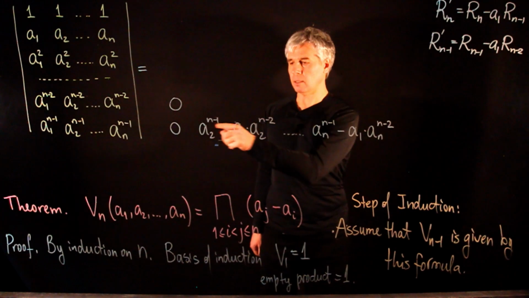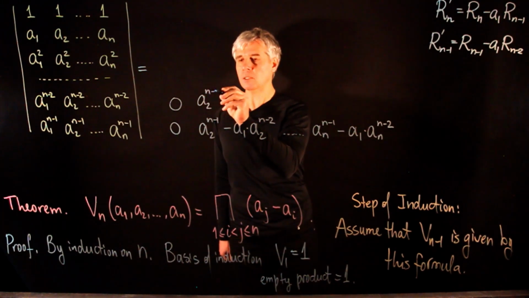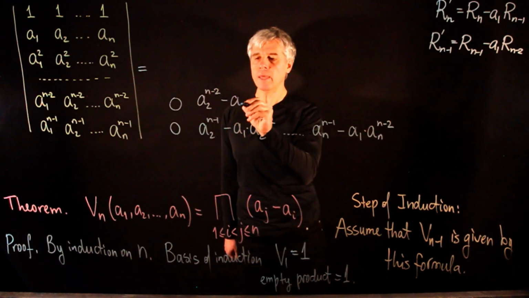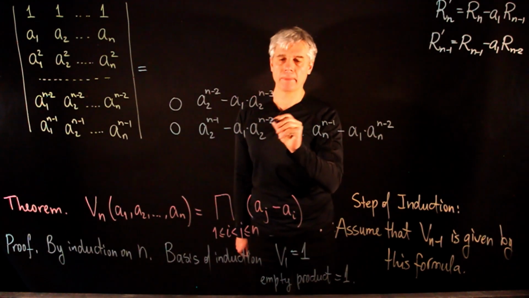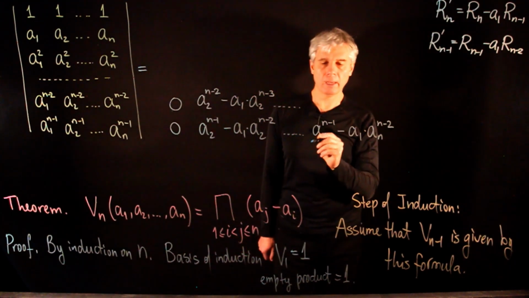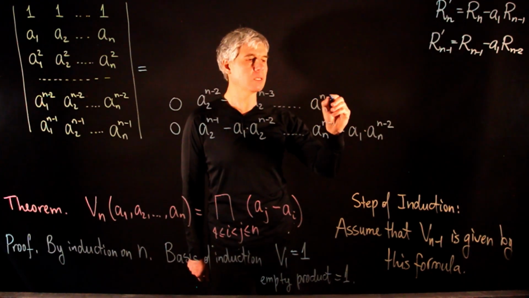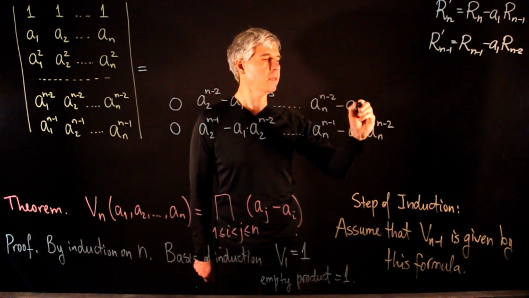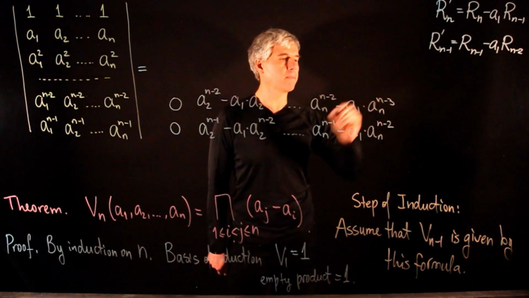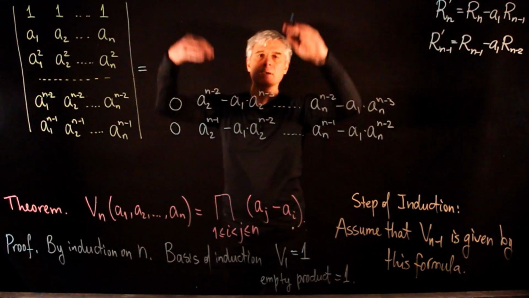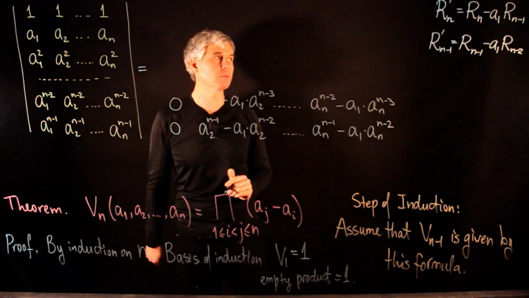And then in the next position, we're going to get a2 to the n minus 2 minus a1 times a2 to the n minus 3, and so on. And in the last column, we're going to get an to the n minus 2 minus a1 times an to the n minus 3. And the upper rows are so far the same as in the original matrix.